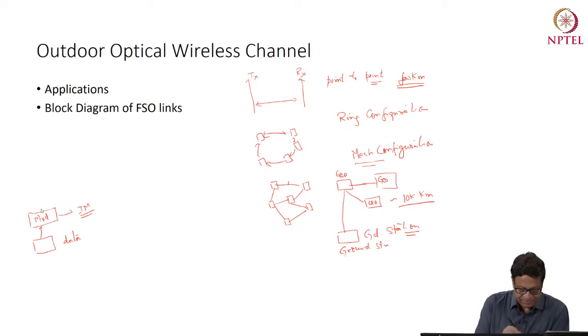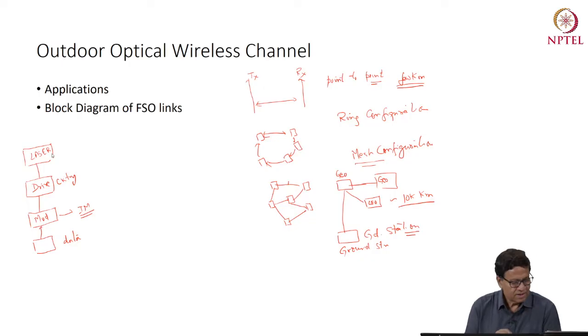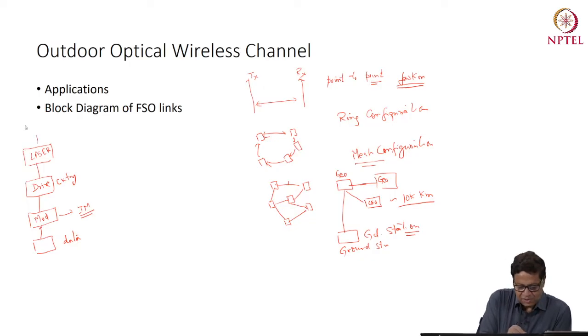And then you have some sort of drive circuitry. And then you will have, generally for outdoor applications, a laser. And then you will have some sort of lens arrangement, which is called TX telescope. We will understand more about this later.